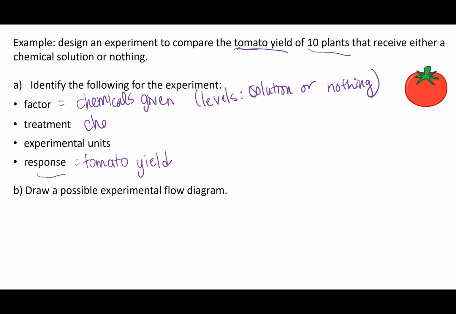So the chemical treatment, with those levels, solution or nothing, that's what we're looking at. An experimental unit. So I'm going to argue these 10 tomato plants are in their own containers. So the 10 tomato plants. Keep in mind, if you have them in shared planter boxes, totally different. Way beyond the scope of this class, but it does become very different very quickly.